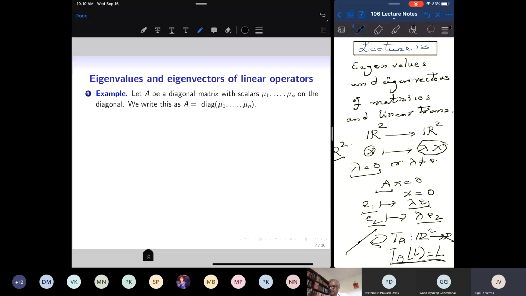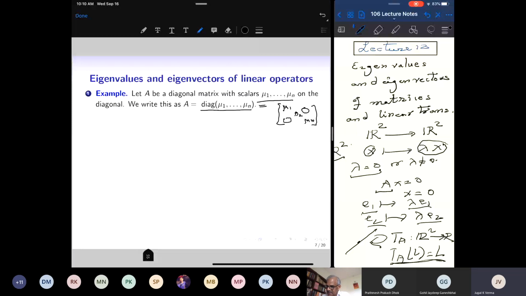Let's take a diagonal matrix with scalars mu 1, mu 2, up to mu n on the diagonal, and we will have this notation for a diagonal matrix, diag mu 1, mu 2, mu n. This is a good notation for a matrix whose diagonal entries are mu 1, mu 2, mu n, and other entries are all 0. Let us understand the meaning of eigenvalues and eigenvectors of a diagonal matrix.